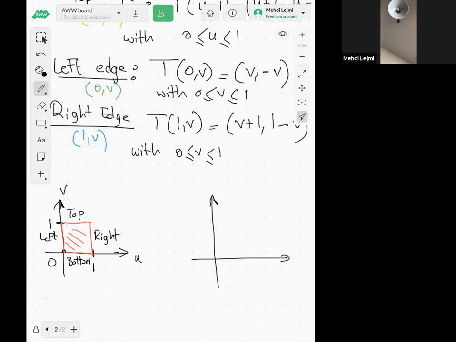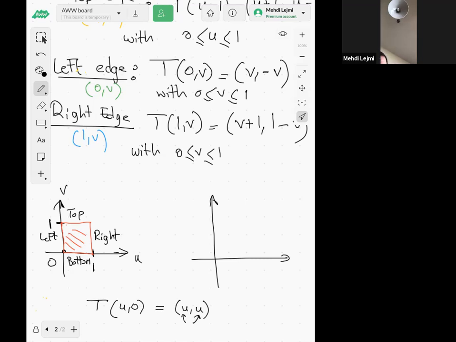So for example, we said the image of the bottom edge, T of (U, 0), is (U, U). So (U, U) means that the x coordinate is equal to the y coordinate.